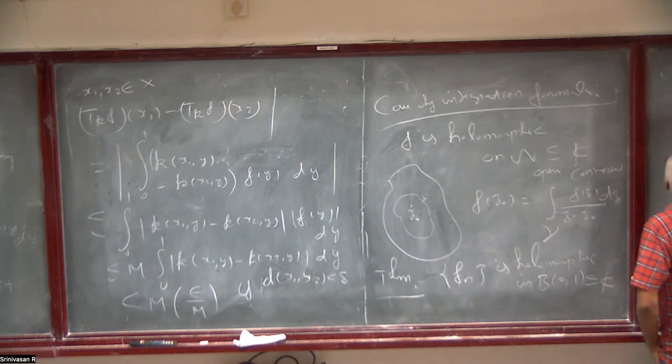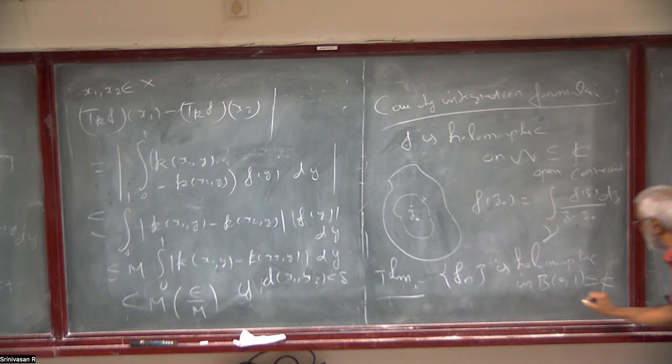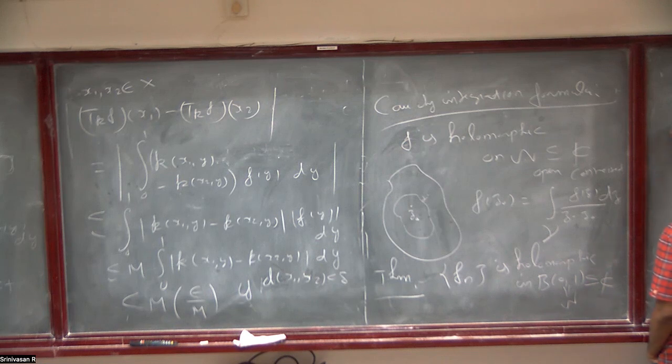So for all K compact contained in omega, you can actually write it for any open connected domain omega, there exists a constant Ck greater than 0 such that |Fn(z)| is less than Ck for all z in K. It is bounded on all compact sets.